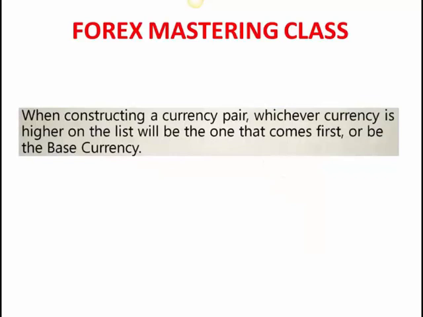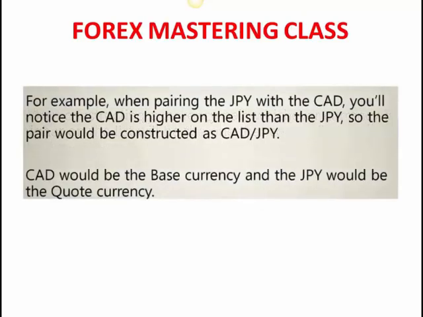When constructing a currency pair, whichever currency is higher on the list will be the one that comes first, the base currency. For example, when pairing Japanese yen with Canadian dollar, you notice that the Canadian dollar is higher on the list than the Japanese yen.